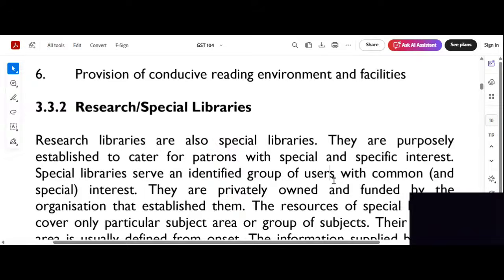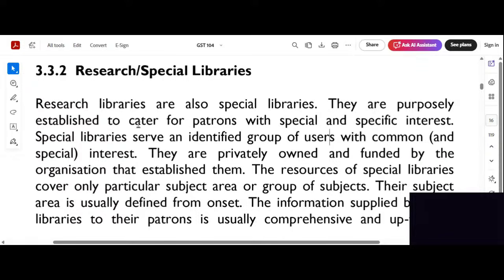What type of library is it? First of all, from hearing the word research, something will be ringing in your mind what this type of library is likely meant for. And then the fact that there is special there too. So research can be used interchangeably with special. They are purposely established to cater for patrons with special and specific interest.